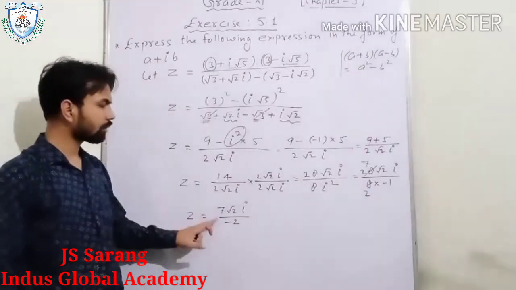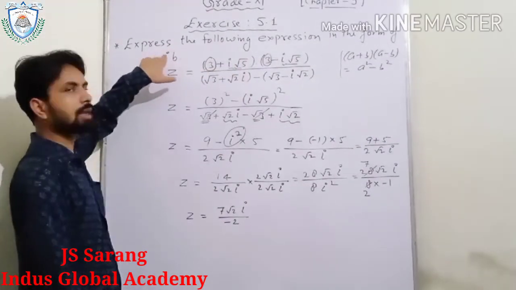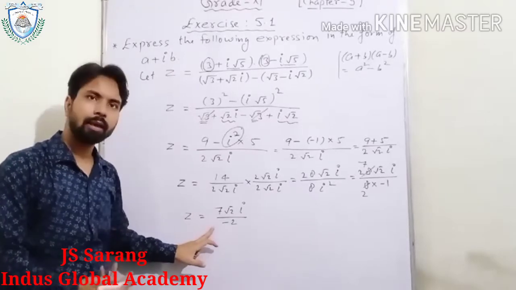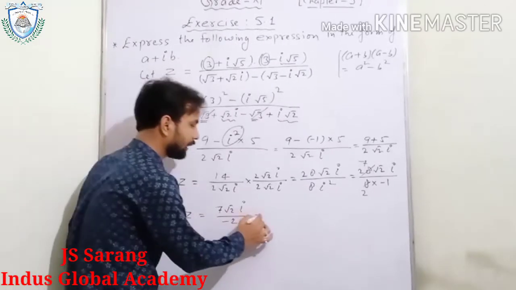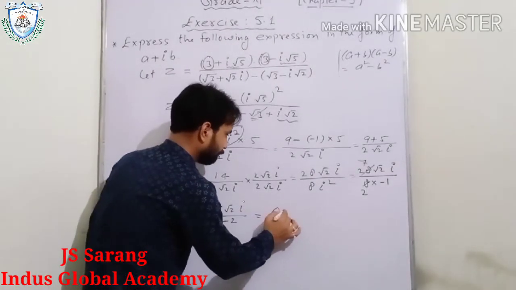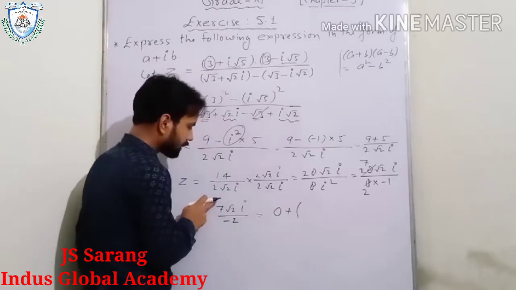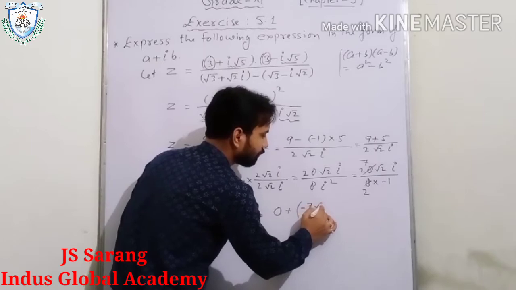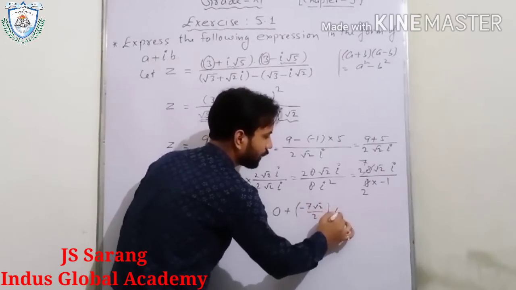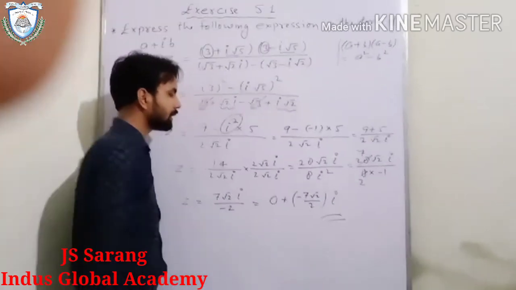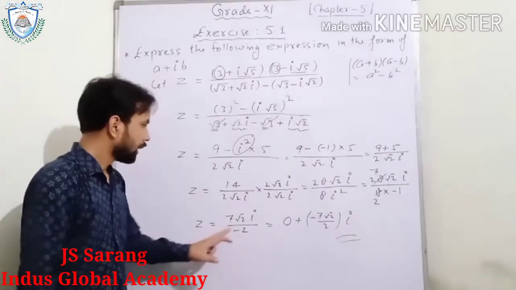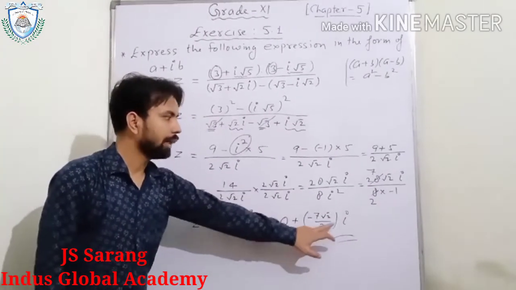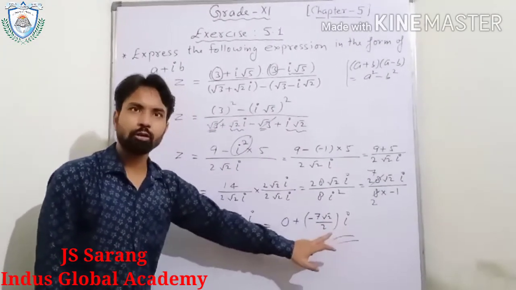But this is not in the form of a plus ib. Here the real part is 0. So we can write 0 plus this number, 7 root 2 upon minus 2, can be written as minus 7 root 2 upon 2 into i. So this is our answer in the form of a plus ib. Hope it is clear to everyone.